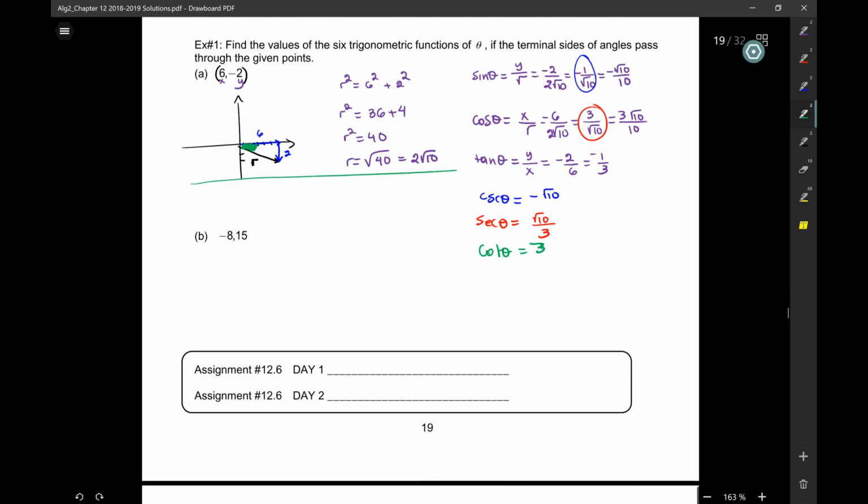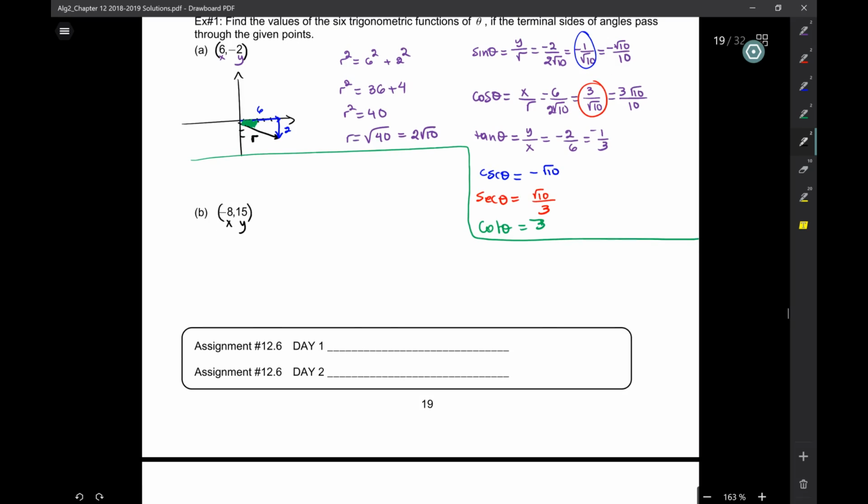Okay, I'm going to do the next one, but a little bit more efficiently. Turns out, I don't really have to draw that diagram. Here's how I do it. This is x, this is y. I need to find my r.